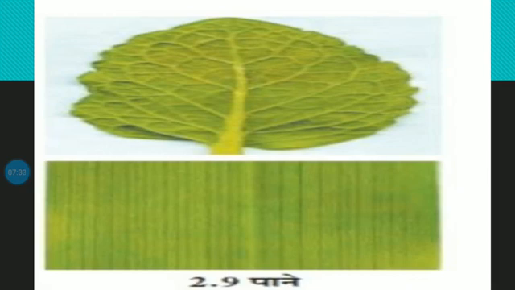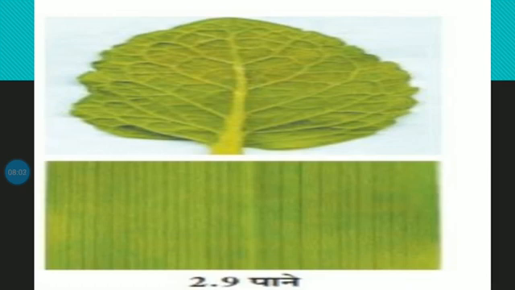we take the first example. The name of the plant is maize. Type of leaf, this is a parallel venation or simple leaf. Shape of leaf blade, linear. Okay, venation, parallel venation.